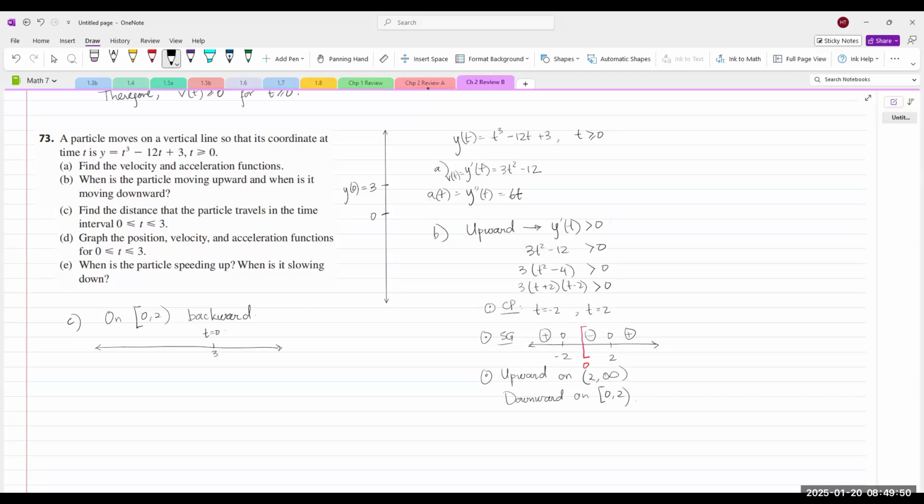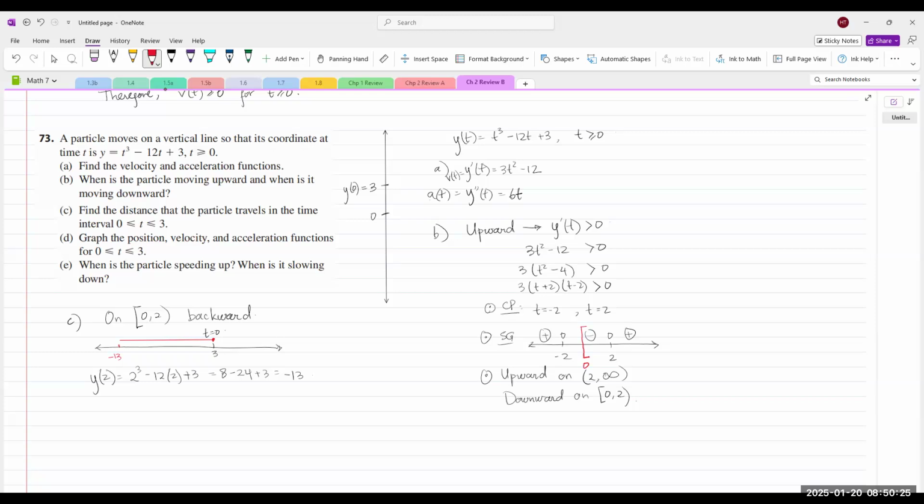Let's see what happened at time 2. y(2) equals 2 cubed minus 12 times 2 plus 3, that's 8 minus 24 plus 3, it's negative 13. So at time 0, it's here, and then at time 2, it actually goes to negative 13. So it travels 16 units, right?